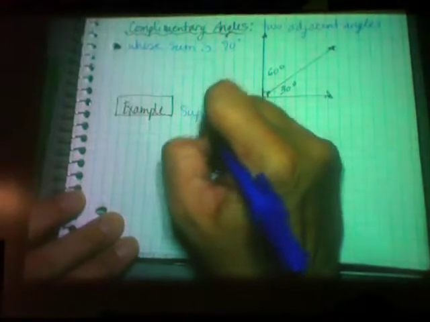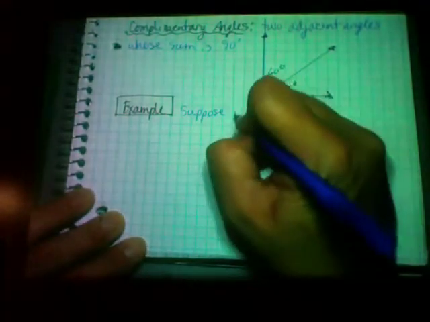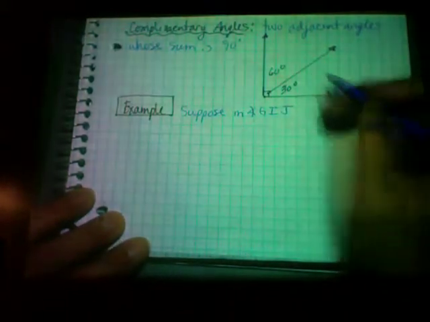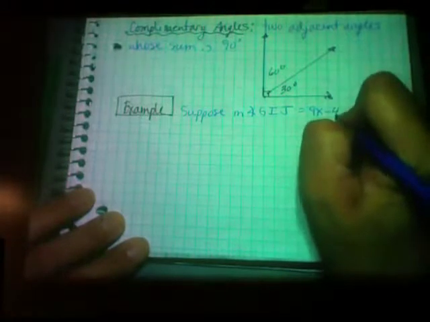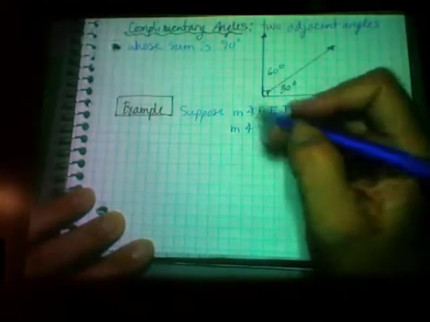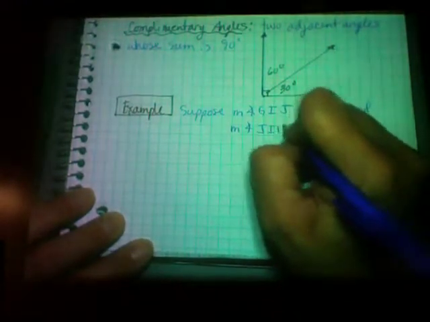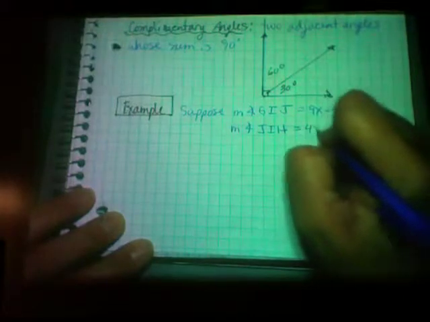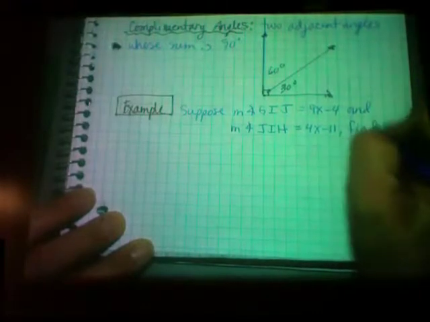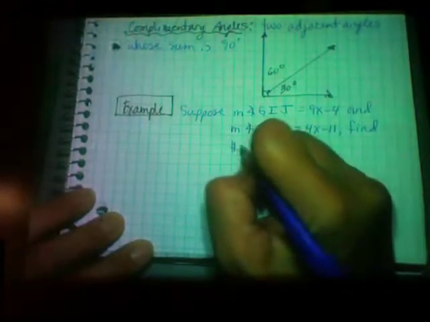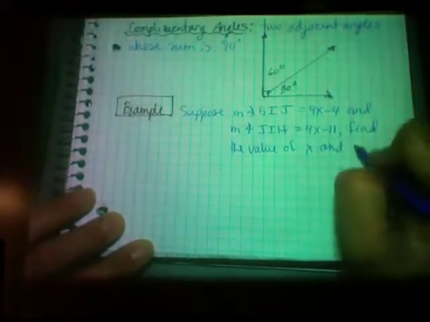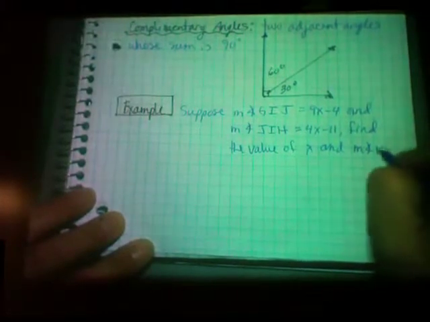Suppose the measure of angle GIJ is equal to 9x minus 4, and the measure of angle JIH is equal to 4x minus 11. Find the value of x and the measure of angle KIH.